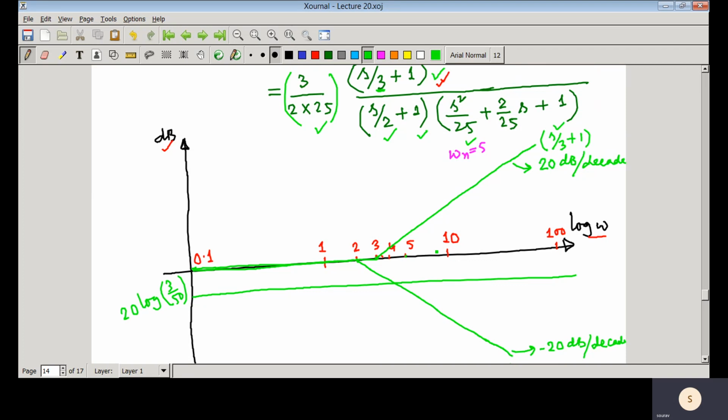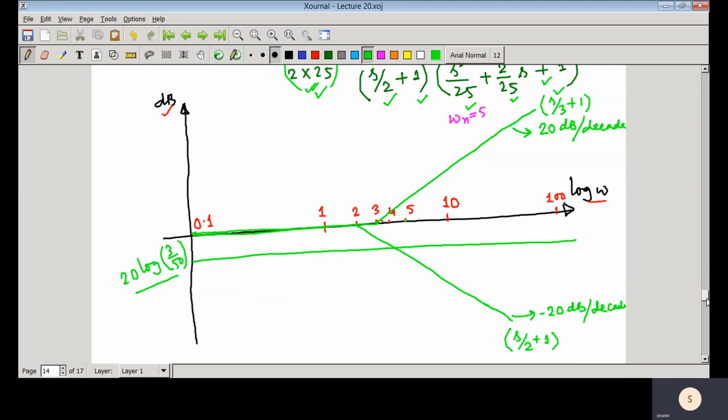We have taken the 25, that omega n square term, here, and already we have plotted the 20 log 3 by 50. For the second order term in the denominator, we can see that it goes like this.